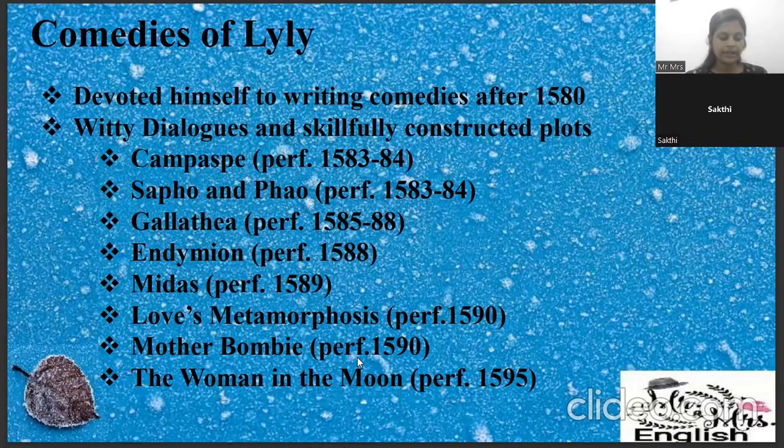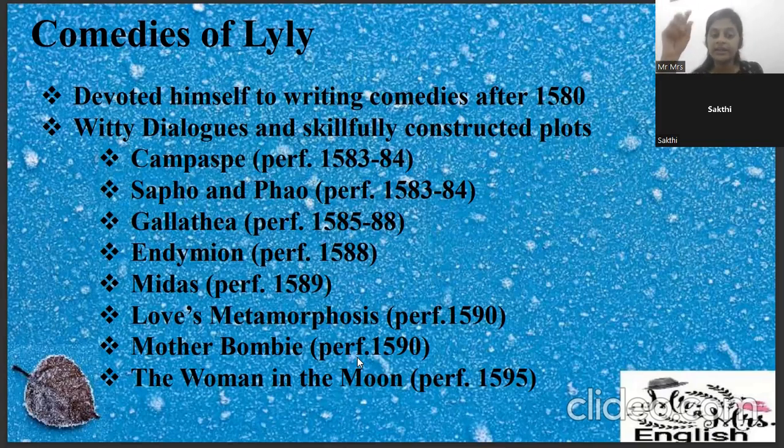And The Woman in the Moon is also important in that it is the only play he wrote in blank verse rather than euphuistic prose. Though the first work is titled Euphues, The Anatomy of Wit, he continued maintaining this euphuistic style in all his works, with lots of allusion, alliteration, antithesis, syntactical balance, assonance, rhetorical questions, extended similes, learned allusions, all these things.